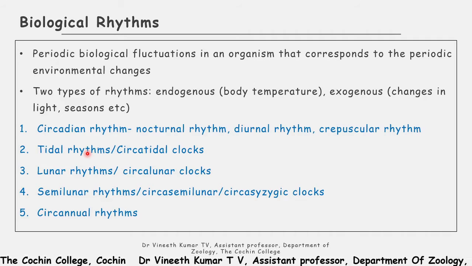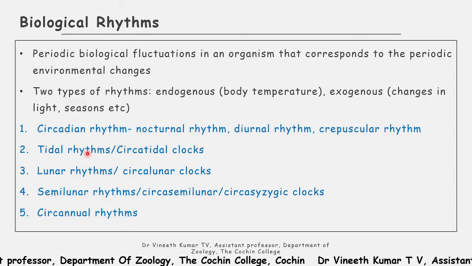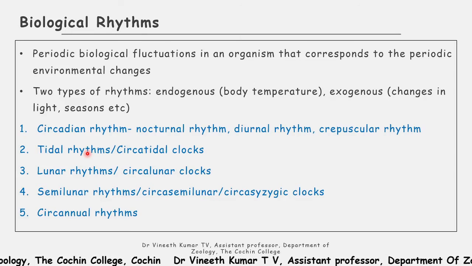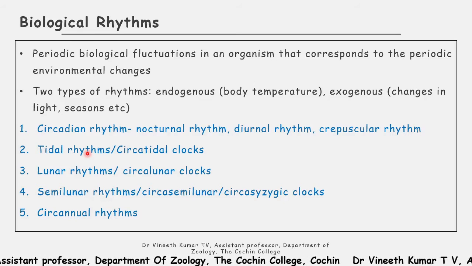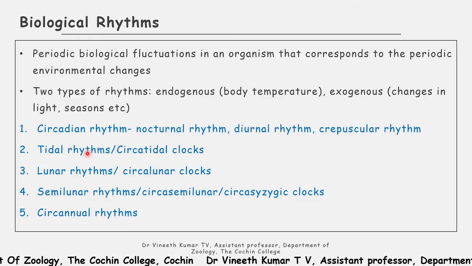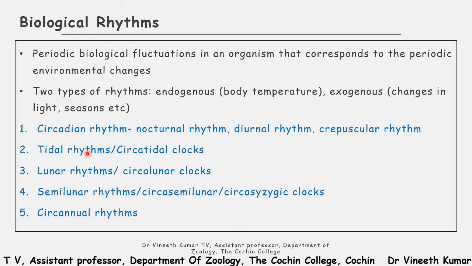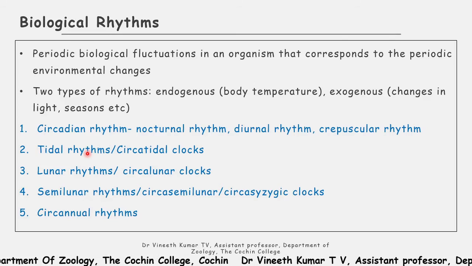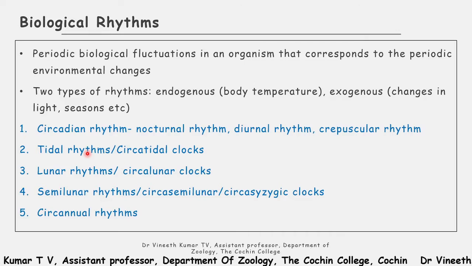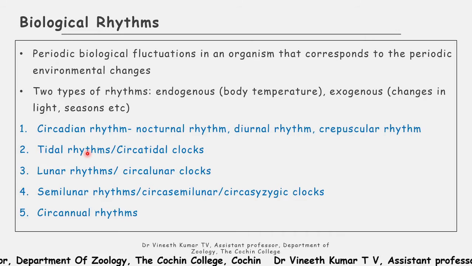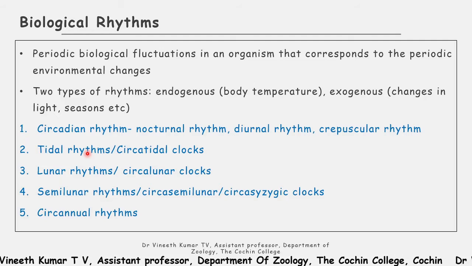Next is the semi-lunar rhythm or the circa semi-lunar rhythm, which is the fourth one. It is a biological rhythm synchronized with fortnightly cycles of the spring tide and the neap tide. Such rhythm is exhibited by organisms like periwinkle. They show marked 15-day periodicity in the locomotory activity. The species lives high up on the shore and is only covered by the high tide or the spring tide.